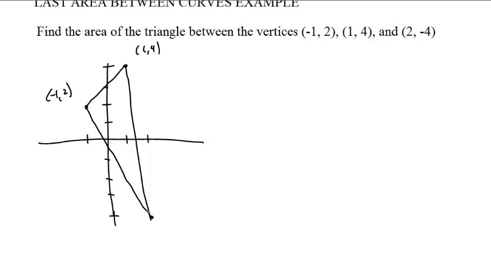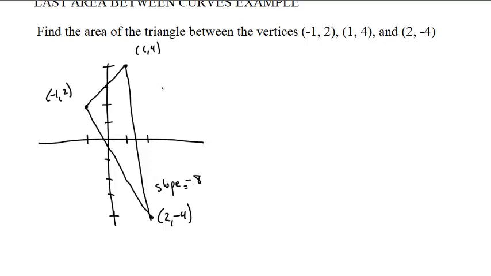So it's not a matter of using the distance formula to find two sides and use 1/2 base times height. That doesn't cut it. What we need to do is find all the equations of the various lines. From (1, 4) to (2, -4), we go over 1 and down 4, so that has a slope of -8.